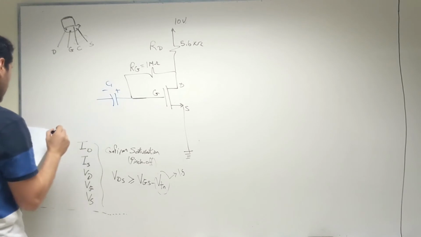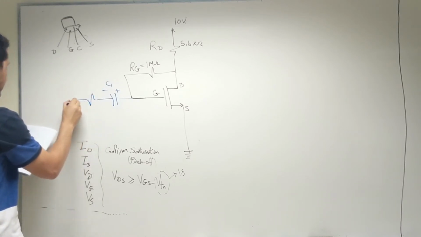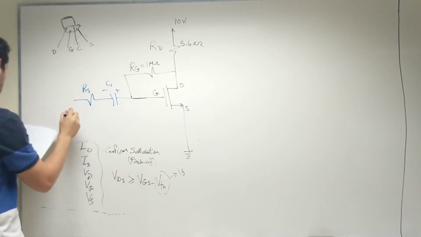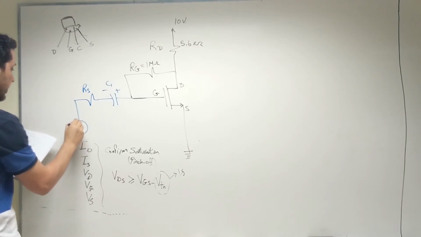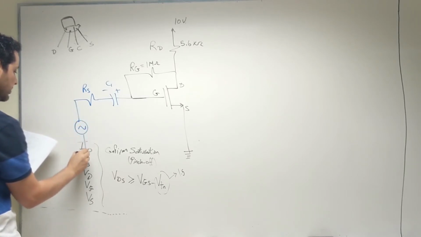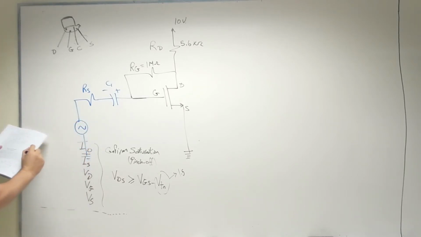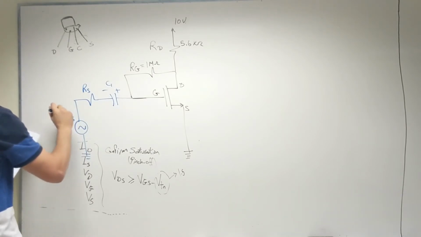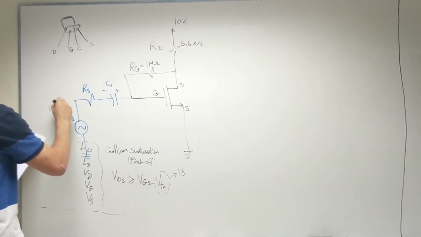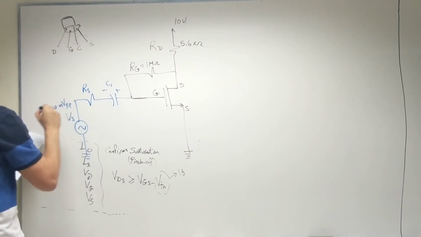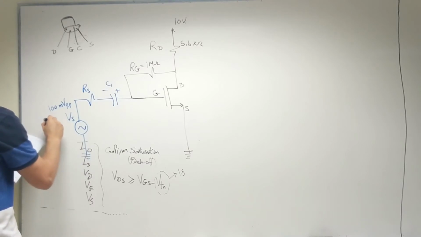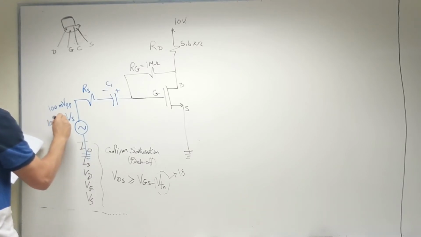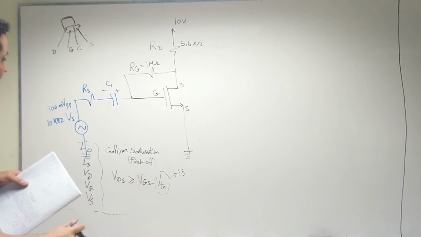This is C1, and then a resistance, RS. Then this is our input source, VS. Our input source will use the function generator to generate 100 millivolt peak to peak with 10 kilohertz. So this is the input part.